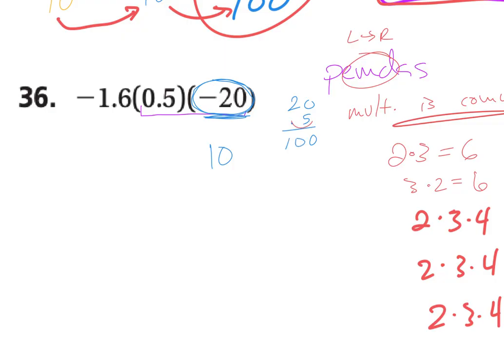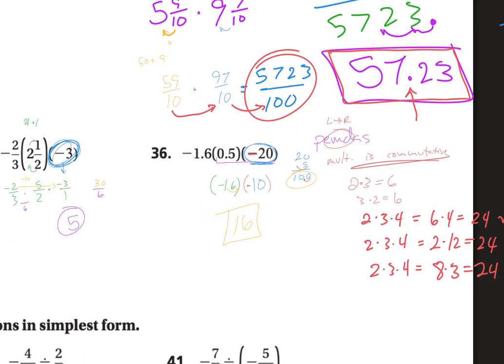We move the decimal once. Oh, look. It's 10. Now, I will say it is negative because of that negative. And now, times negative 1.6, you're just going to move the decimal one time, just like we did here. And you get positive 16. That is number 36.